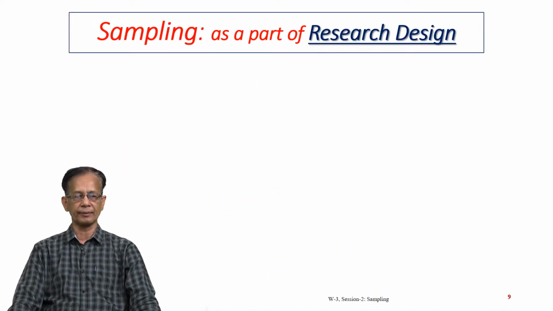So we have defined why sampling, what is sampling. Now let us put it as a step which is called research design. We had already discussed in an earlier session different stages of research, and there you might have remembered one important step is called the research design stage.